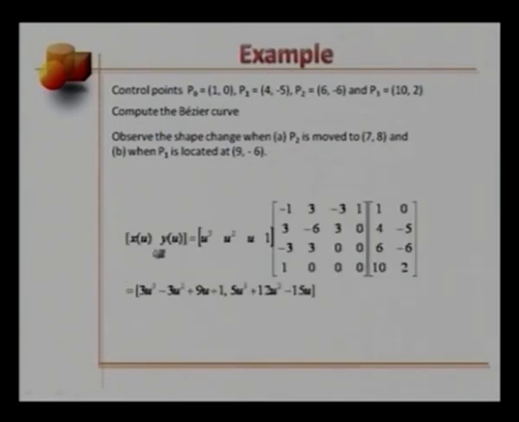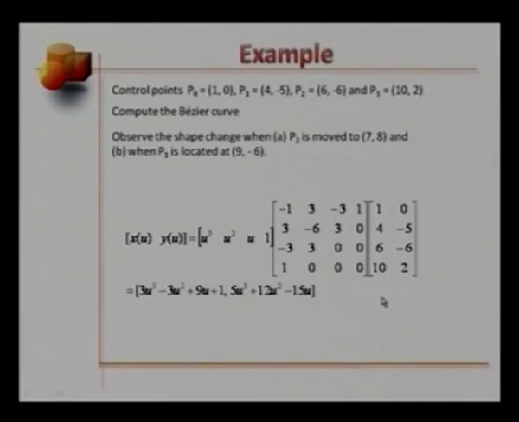The position vector is given by X(u). This is a 1 by 4 row matrix in terms of u. This is a 4 by 4 Bezier matrix, and this is where we specify the geometry: 1, 0 for point P0, 4, minus 5 for P1, 6, minus 6 for P2, and 10, 2 for P3.